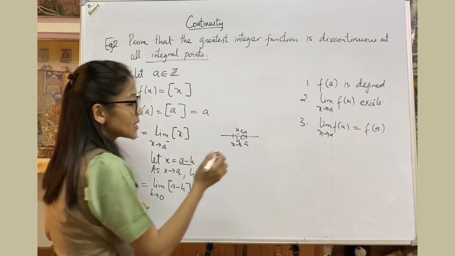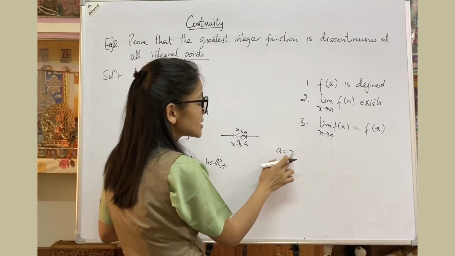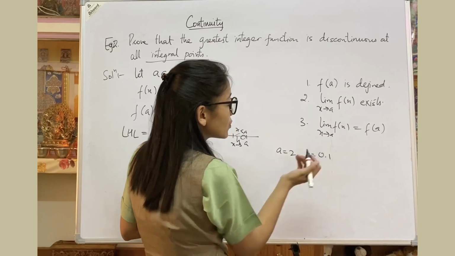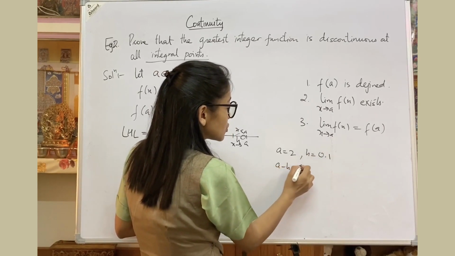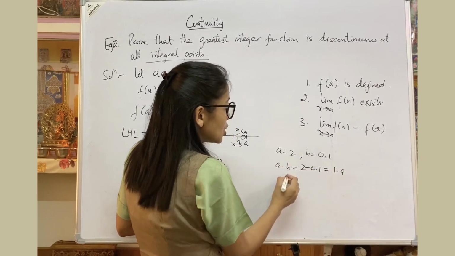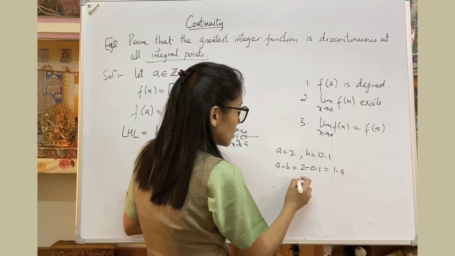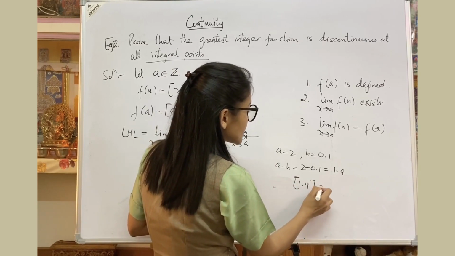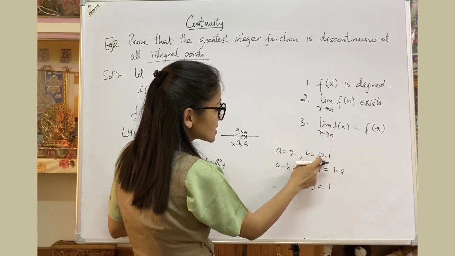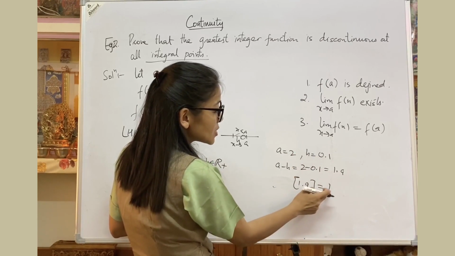Suppose a is equal to 2, just an example, and let h be 0.1. Then a minus h is 2 minus 0.1, which equals 1.9. So the greatest integer function of 1.9 is equal to 1. When you subtract a small decimal number from 2, the image under the greatest integer function is 1.